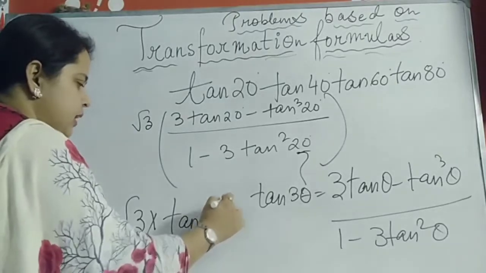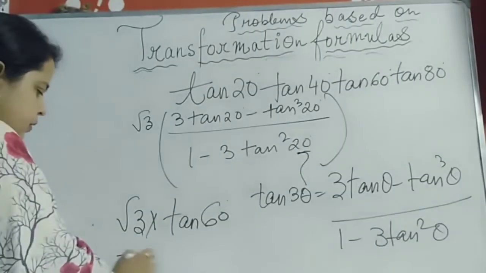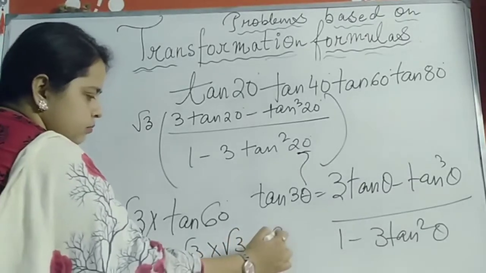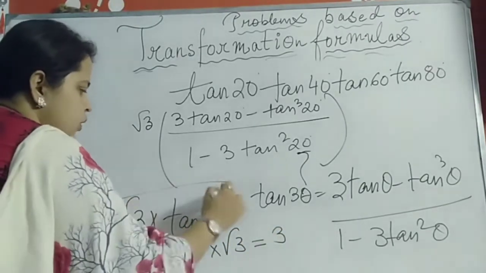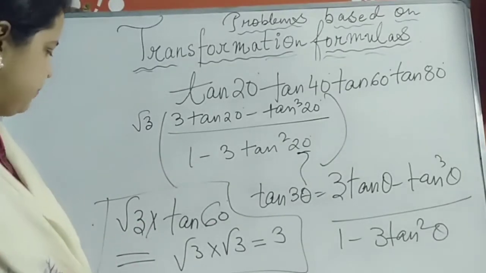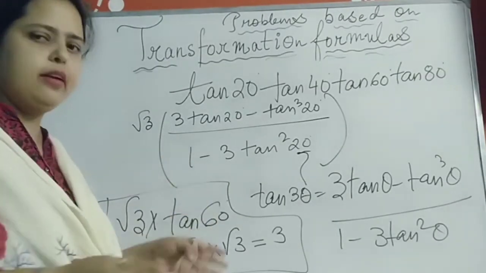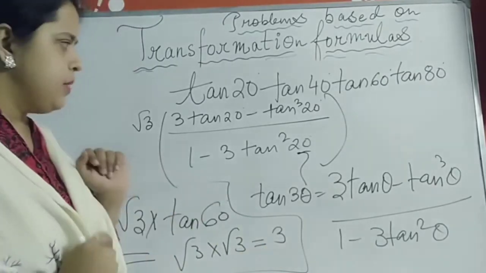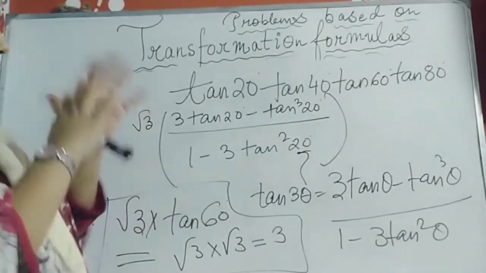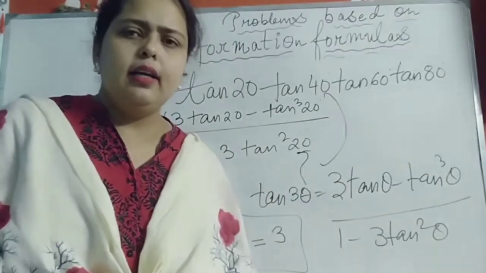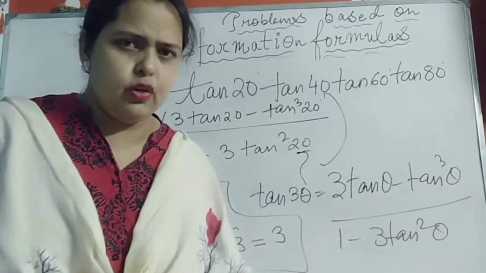So can I write it directly? I hope you won't mind writing it directly, because we all know the value of tan 60 degree. So root 3 multiplied to root 3, we all know what we have to prove. This is the RHS we need. And when you collectively write down in your copy, you will see only hardly 3 to 4 lines are actually required.